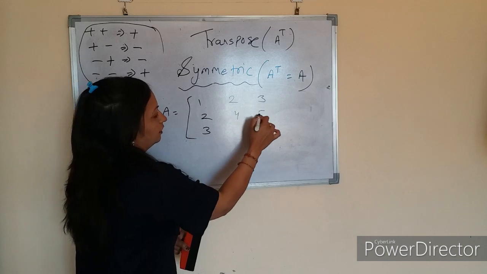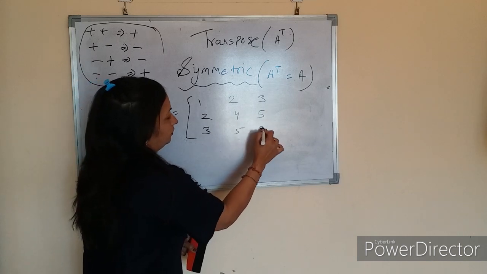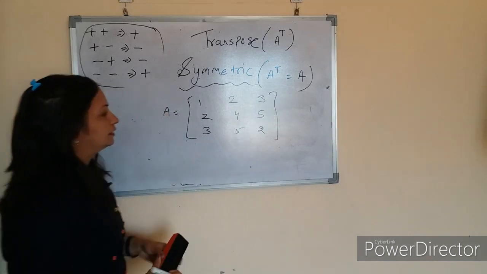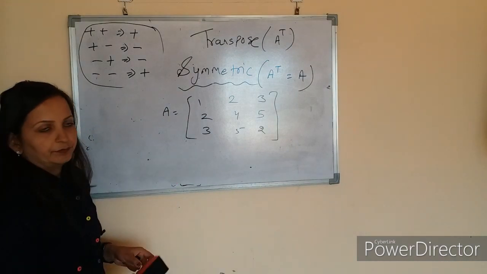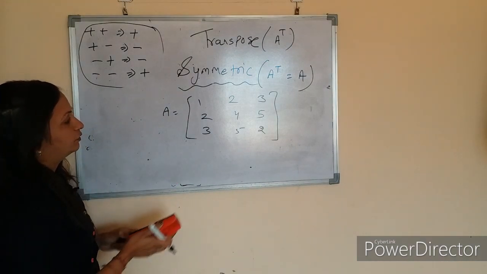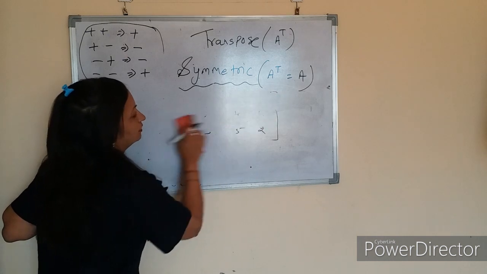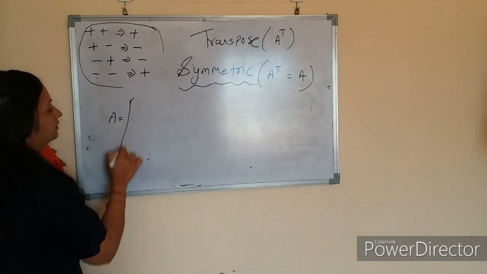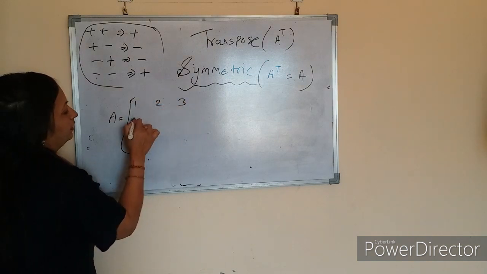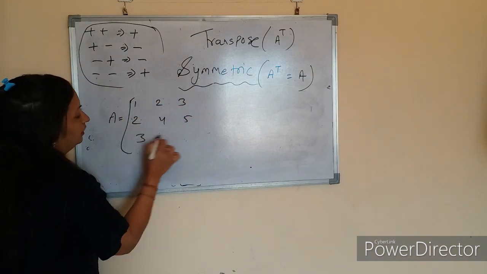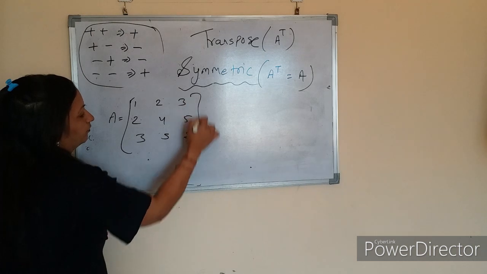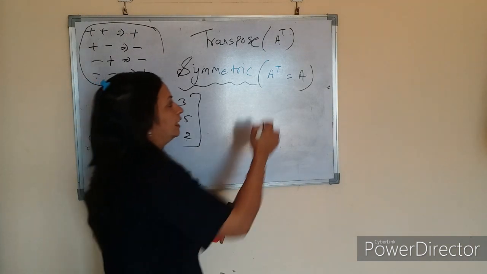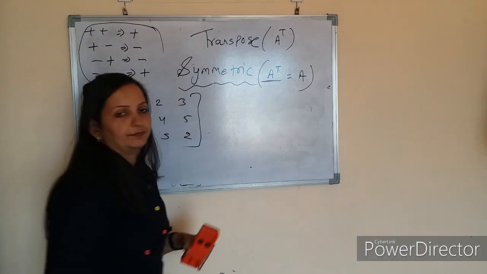Say I have the matrix A: 1 2 3, 2 4 5, 3 5 2.